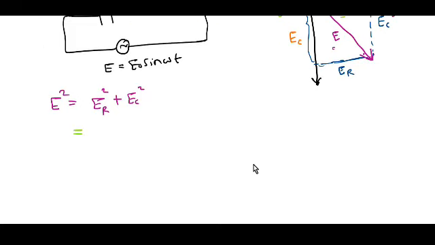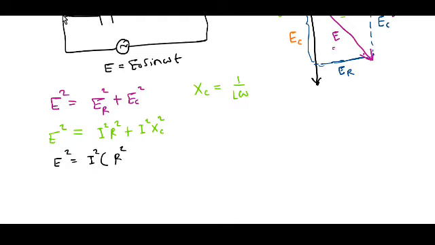The voltage across the resistance is I R, and across the capacitor is I Xc. So E square is I square R square plus I square Xc square. Xc is the capacitive reactance, that we have already discussed in the last lecture, that is 1 by C omega. From this equation, I square is common.